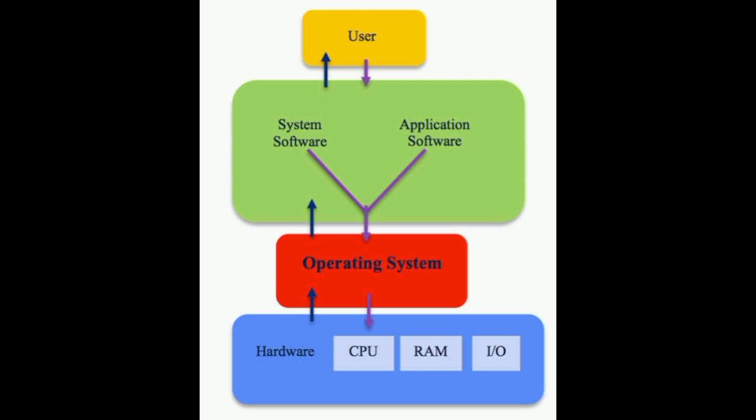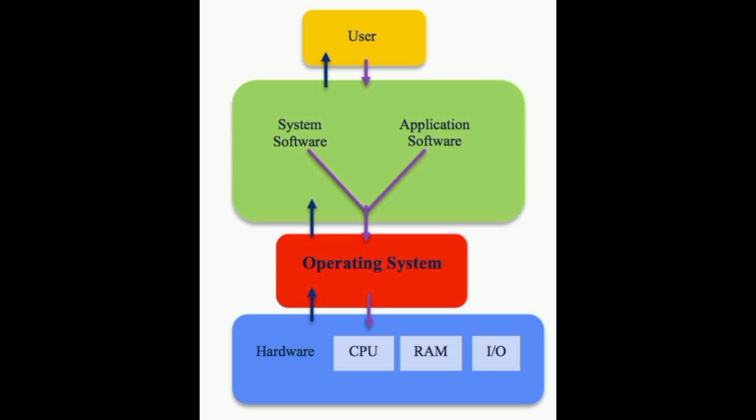The operating system understands the message and sends the information to the right place where the solution will come from. So the operating system sends information to the CPU, the central processing unit, which is another piece of hardware. That will process it and return the answer back to the operating system.